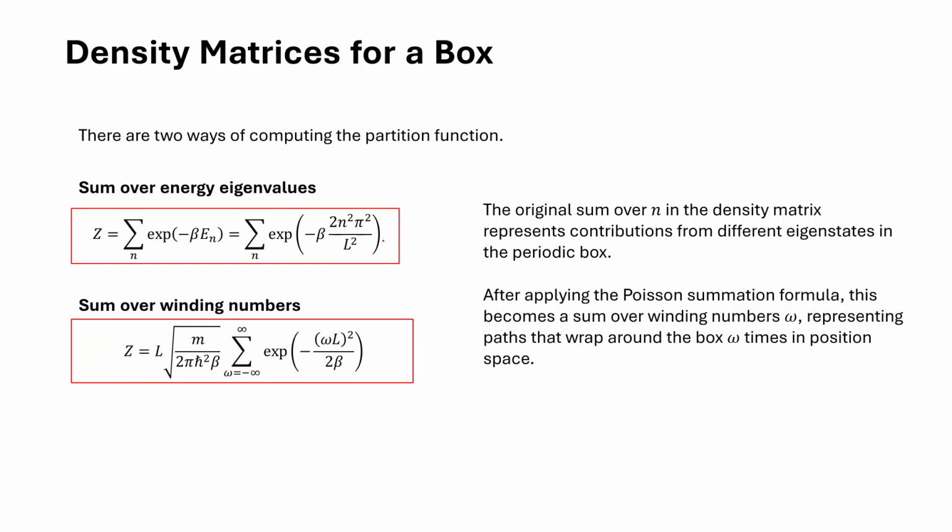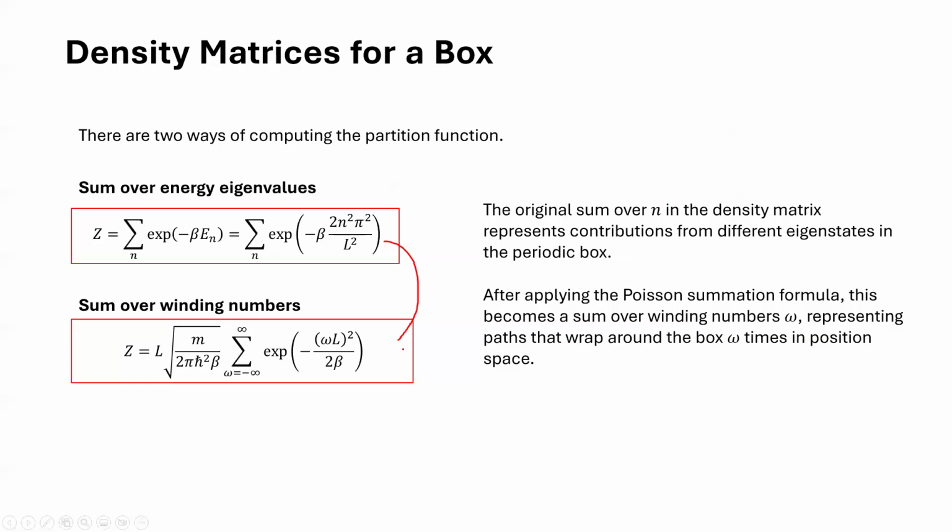Now we have two ways of writing it. Here we found the expression for the partition function in terms of n, a quantum number, and here we have the same thing as a function of omega, the winding number.